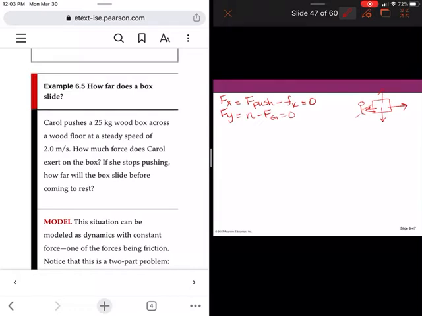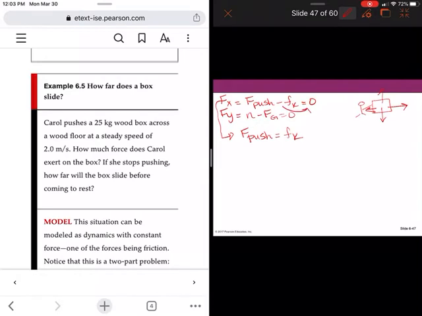Now, in order to figure out what the force is that she is pushing, we can move that kinetic friction over like that.